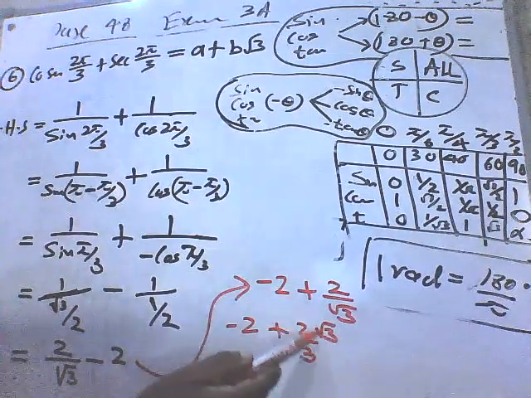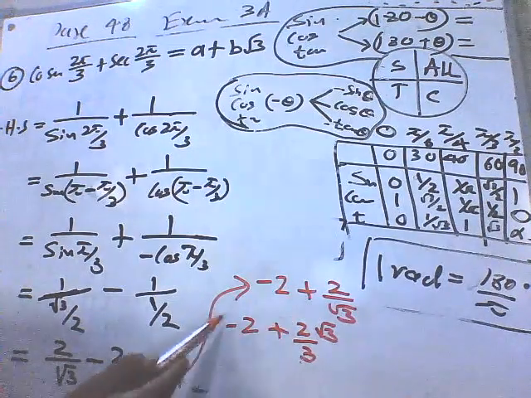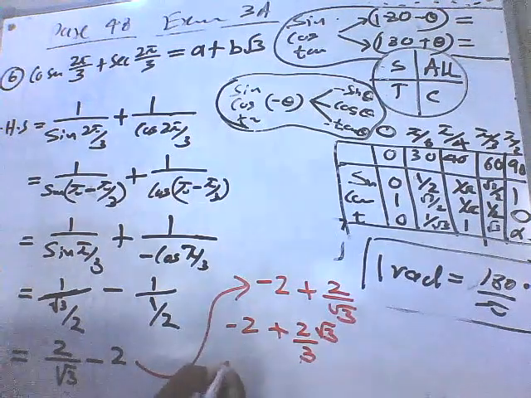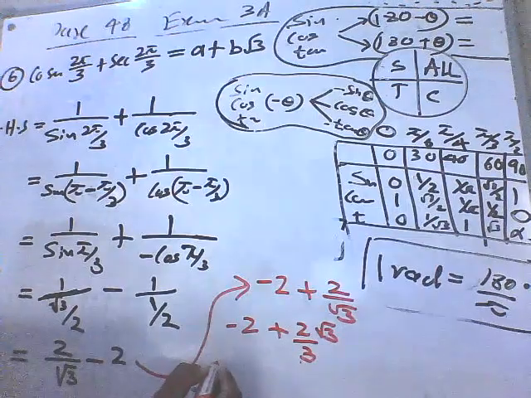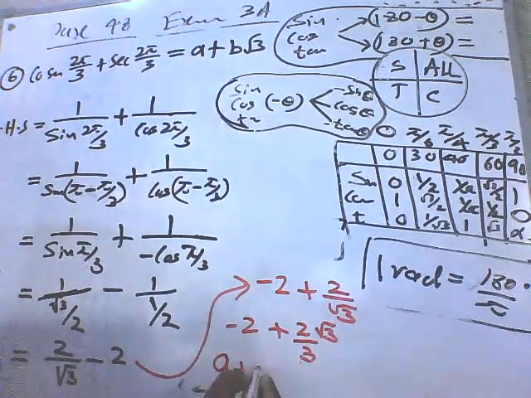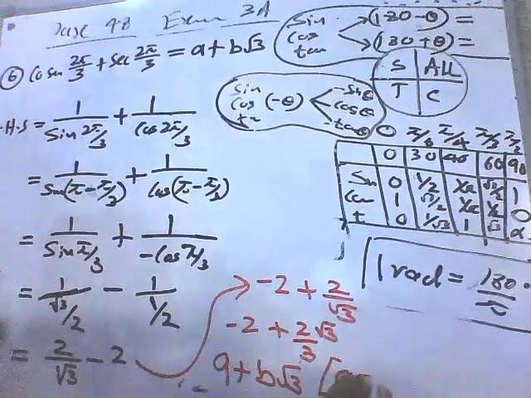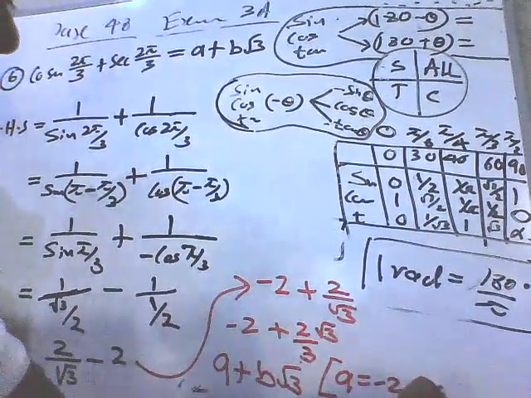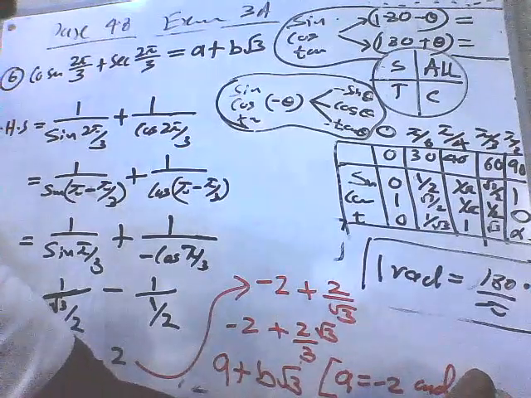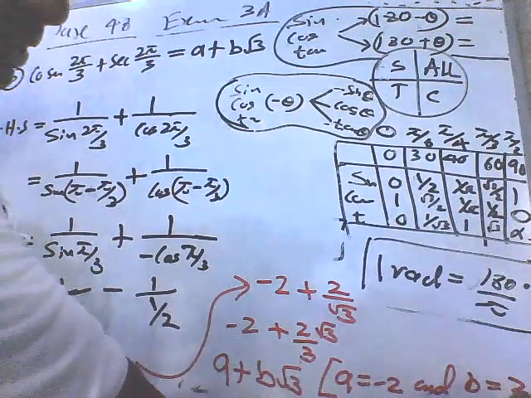So actually this is the B and this is the A. Therefore I can write this as A plus B root 3 within brackets, where A is equal to minus 2 and B is equal to 2 over 3.